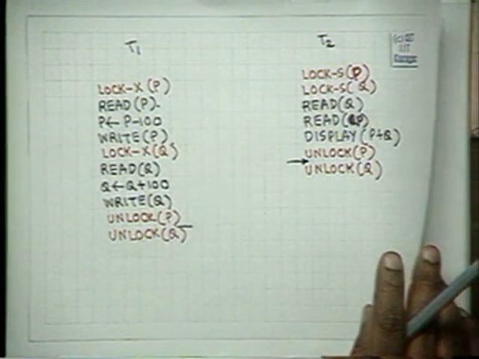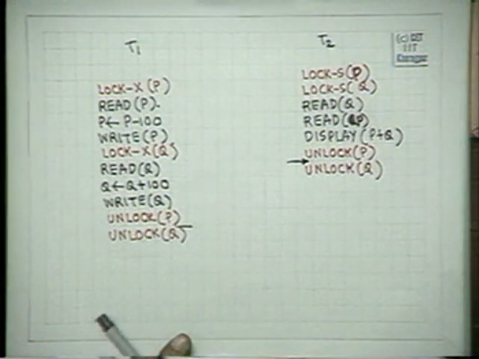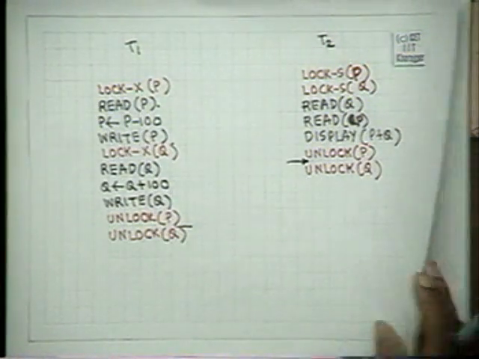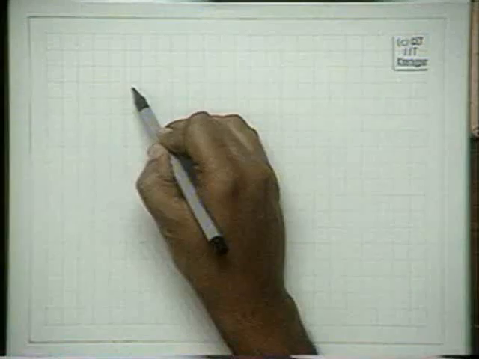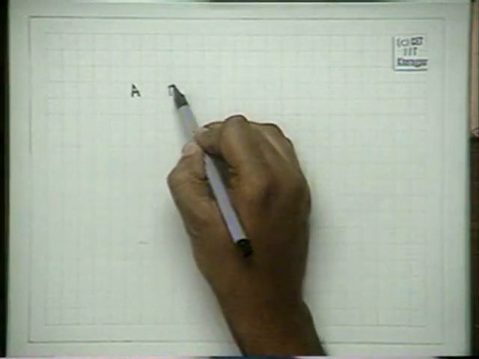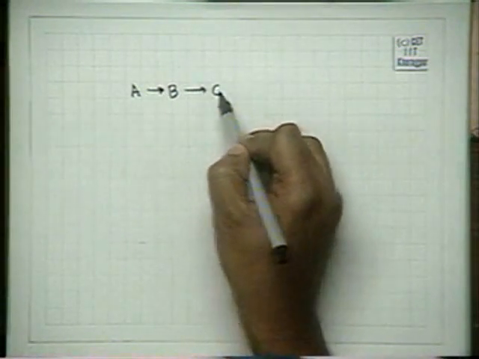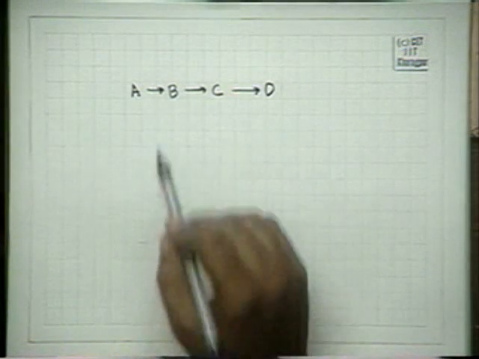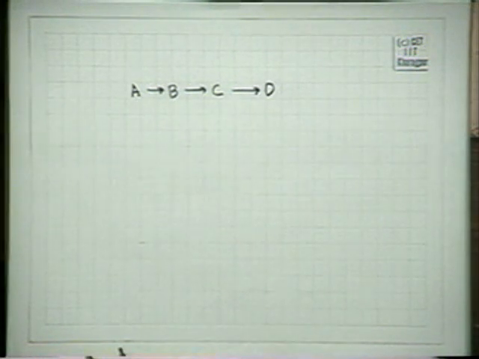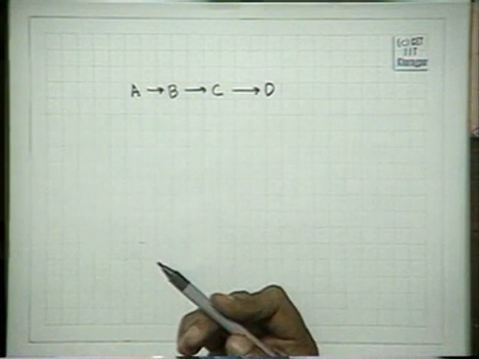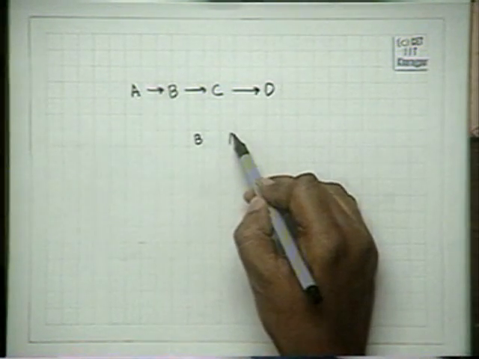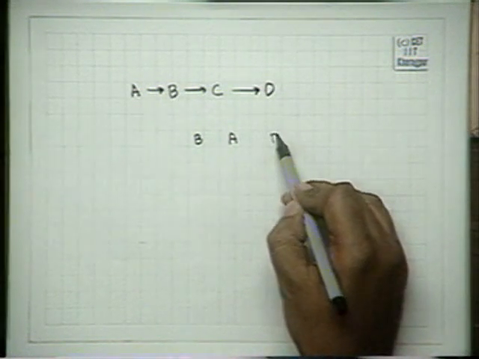Therefore, the system provides a data dependency saying that somebody has locked in the sequence A, then B, then C, and then D. Now another person comes and says, I require B first, I am reading B first, A second, and D third.